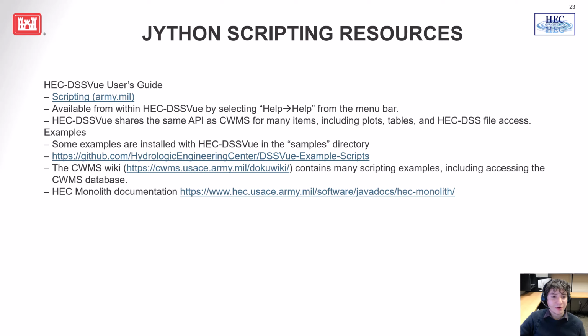We have a lot of other examples which you can find as part of this presentation, as well as the links to our documentation, which includes our SWMS wiki, as well as our HEC monolith documentation for other valuable functions, part of the SWMS scripting API.